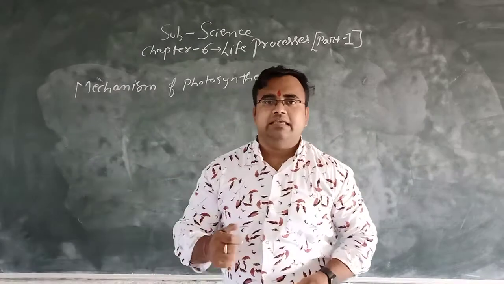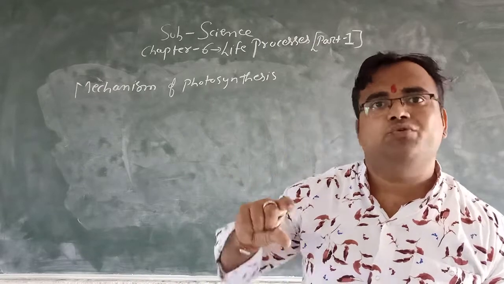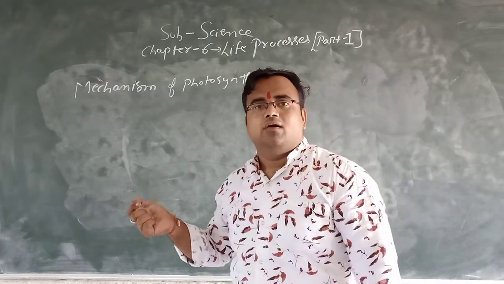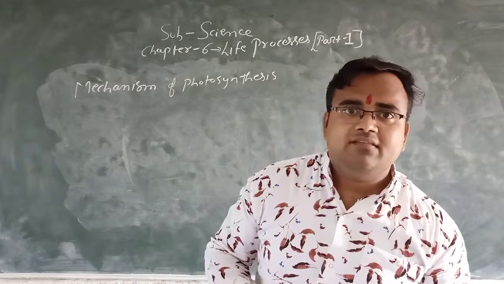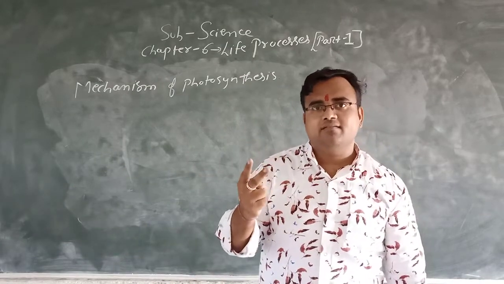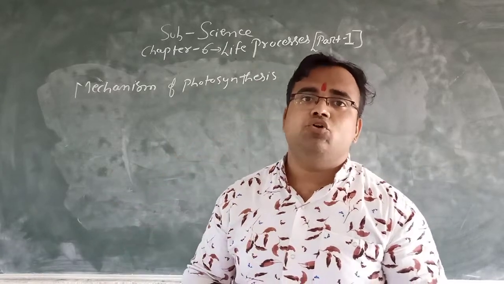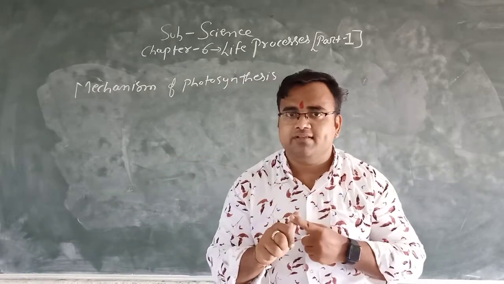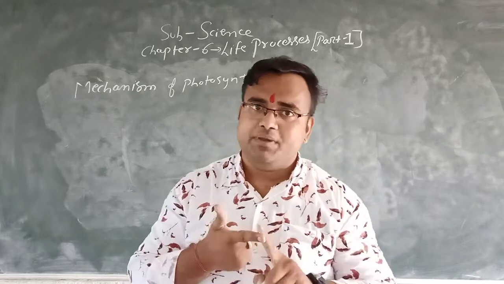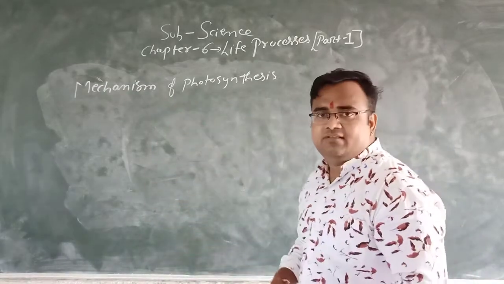If the question is define photosynthesis for 1 mark, you have to write only the definition, or explain photosynthesis with reaction, then the question can be of 2 marks. If the question is asked for 3 marks in examination, then you have to write the definition of photosynthesis, balanced chemical reaction for photosynthesis, and the mechanism for the photosynthesis.